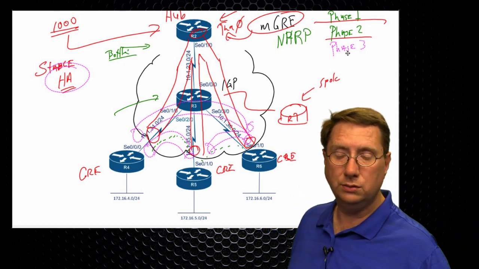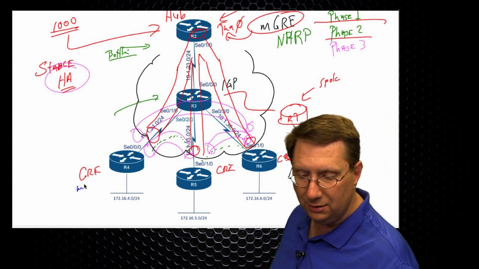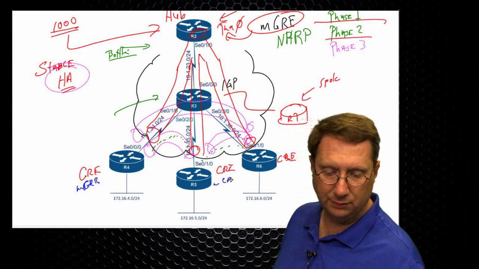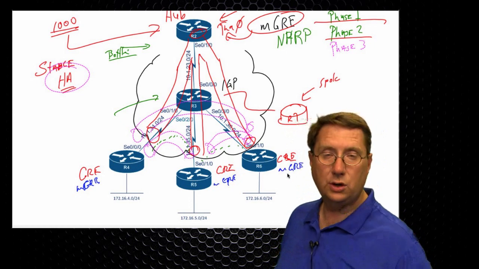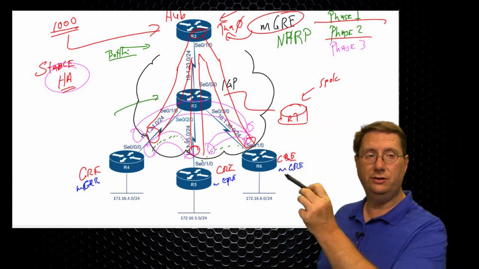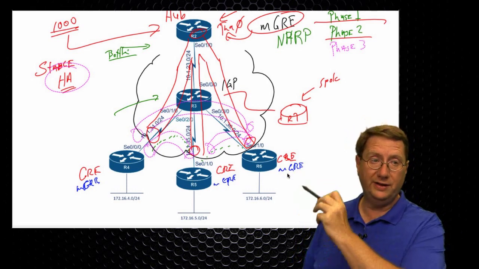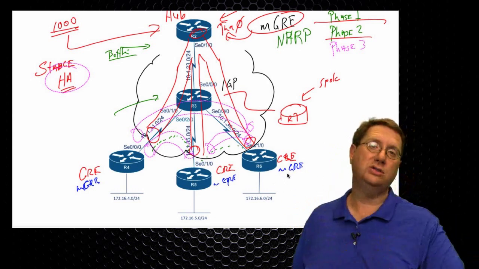In phase 2, I'll go ahead and change pin colors to illustrate a phase 2 connection. I'm running MGRE all the way around. So there's MGRE configured under the individual link, the tunnel interface that we configure on each of the spokes, and also on the hub.